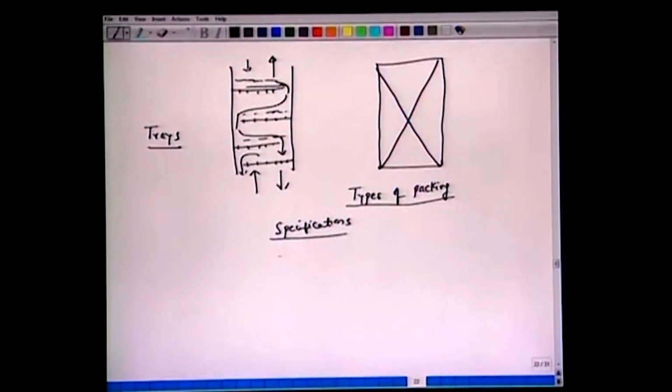For example, the first thing is there are regular packings, or we can have irregular ones. Regular packings are also sometimes very engineered, or structured packing.